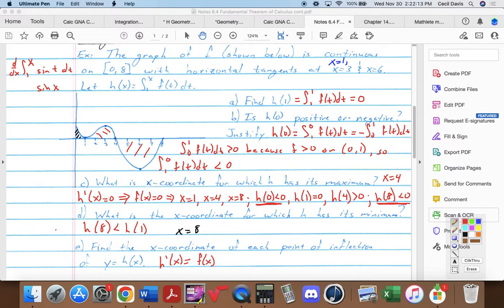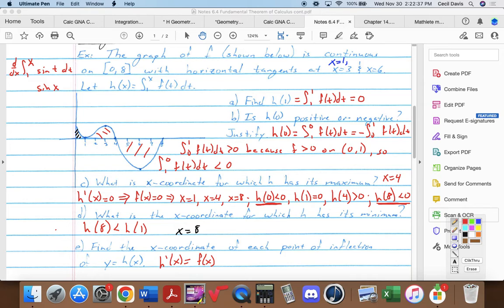And what's the definition of, for example, where h would be concave up? This is a definition I keep pleading for you to memorize. The derivative is positive.